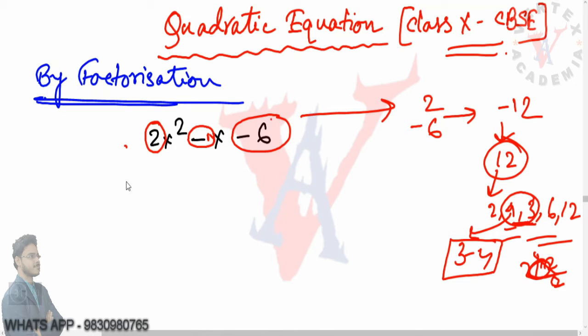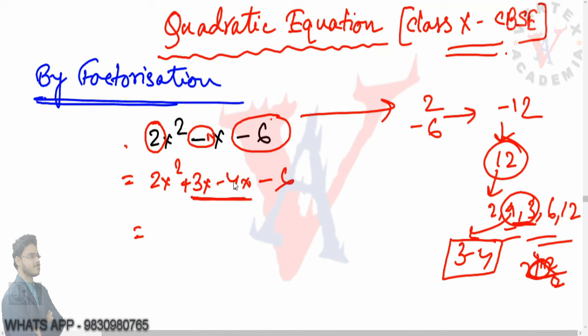So we can write this as 2x square plus 3x minus 4x minus 6. Here plus 3x minus 4x equals minus x, but we write it in terms of the factors of 12, which is the product of the constant term and the coefficient of x square.